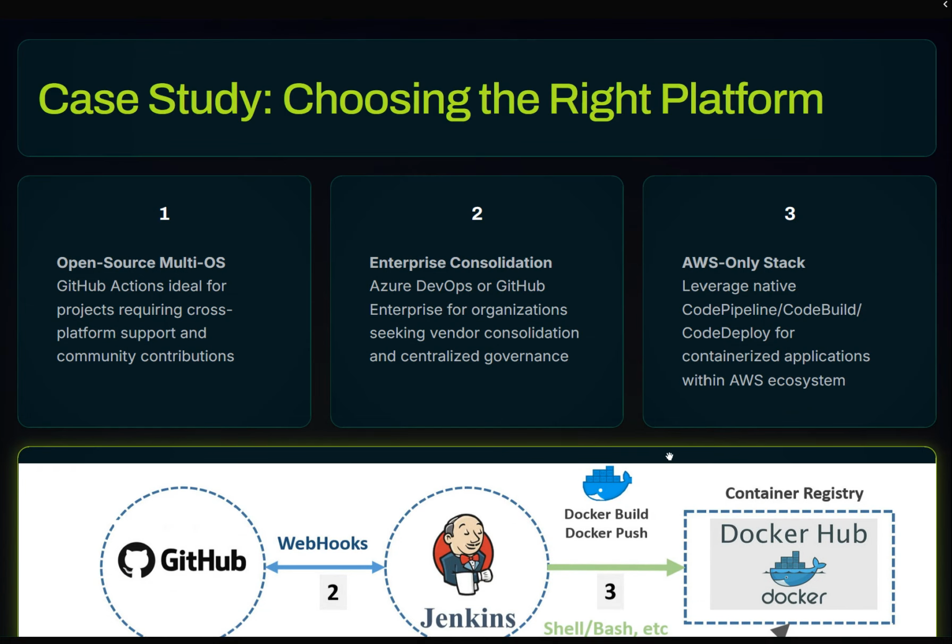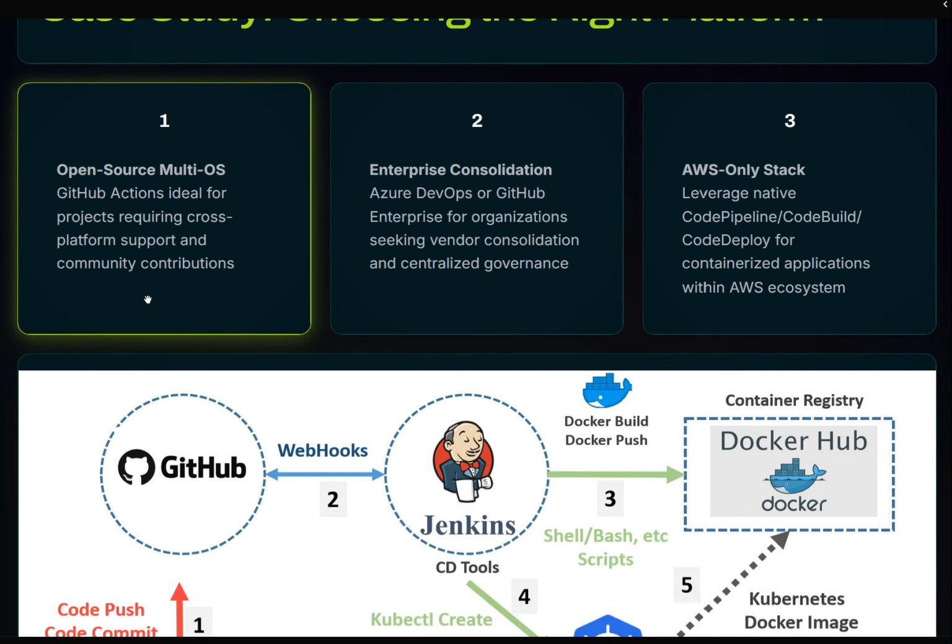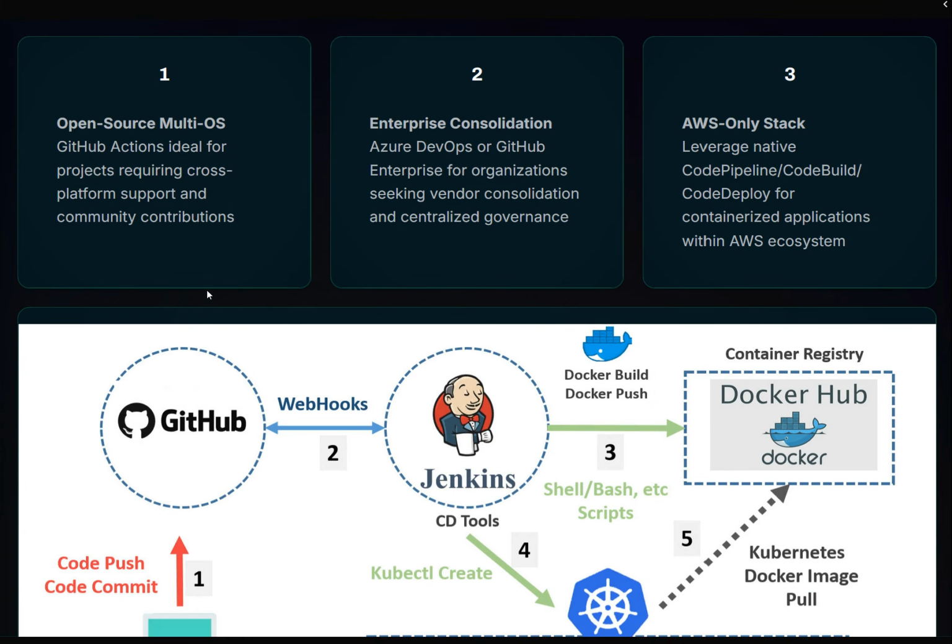All right, so case study: choosing the right platform. You just need to choose the right platform according to your organization. Whether it's open source multi-OS, GitHub Actions is ideal for projects requiring cross-platform support and community contributions. So this one is the best for cross-platform. If you're using different platforms, Windows, Linux, macOS, it's the best place.